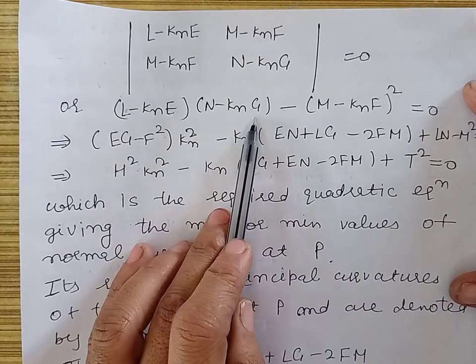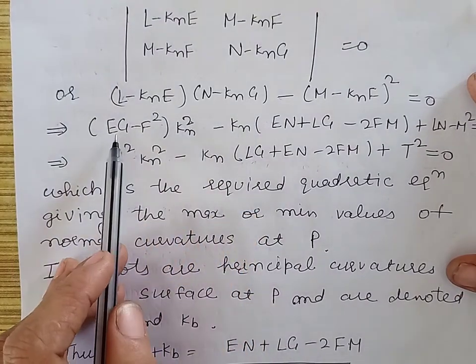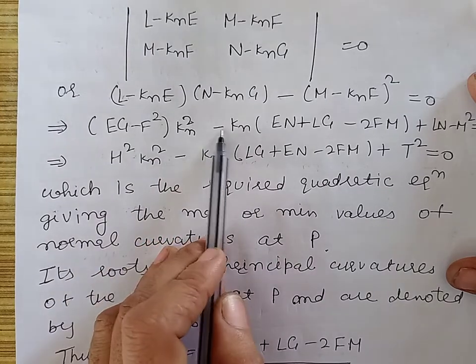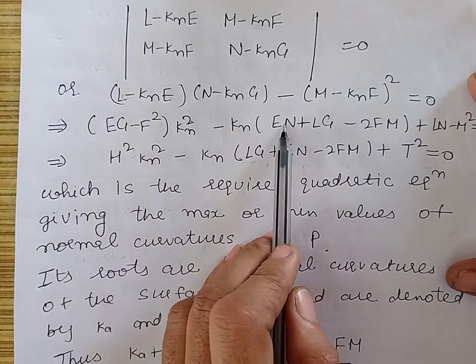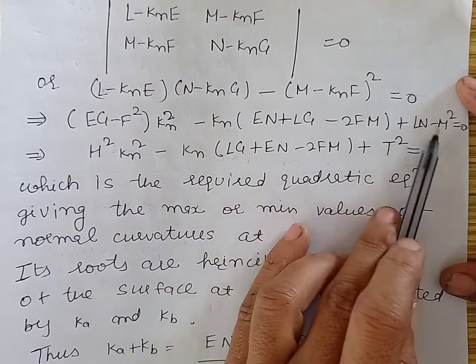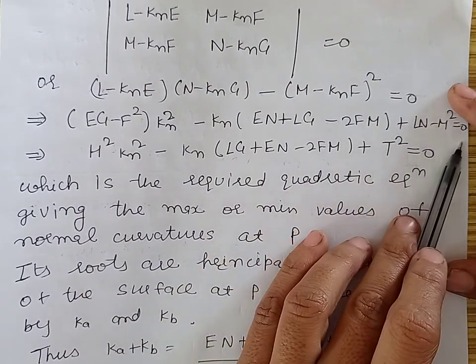Multiplying and simplifying this, we get the equation (EG − F²)κn² − κn(EN + LG − 2FM) + (LN − M²) = 0.